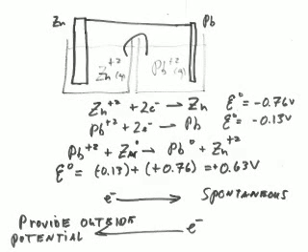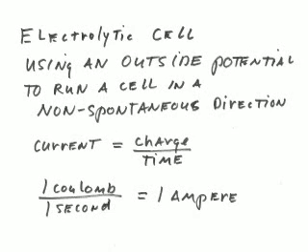Doing so is what is known as electrolysis. In an electrolytic cell, you are using an outside potential to drive the reaction in the cell in a non-spontaneous direction. That is, you're making the current flow in a direction that the cell would not do by itself.